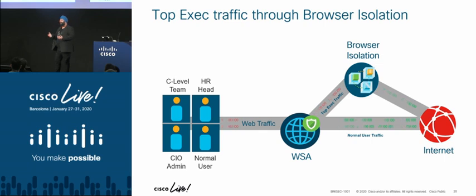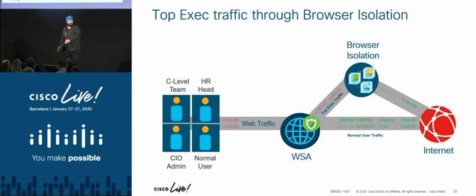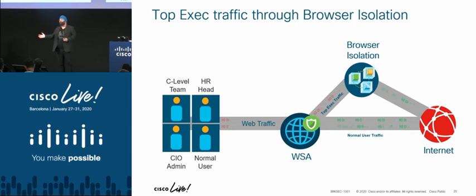So whenever HR gets those CVs from a personal email account or similar, that goes through the browser isolation. That's where you want those C-levels or top execs' traffic to land in an isolated, air-gapped network itself.